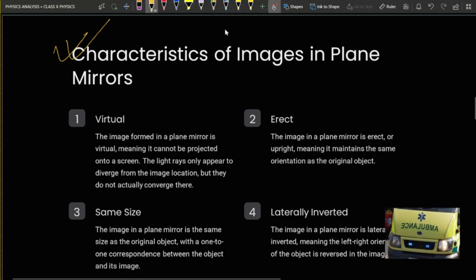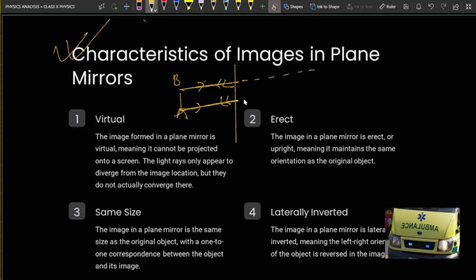We have the conclusion about the image we get from the mirror. If I take one mirror, let us consider one object AB placed in front of the mirror, then a light ray will come out. Another light ray, this is the other light ray. Since both the light rays are normal to this mirror, they will go back in the same medium.